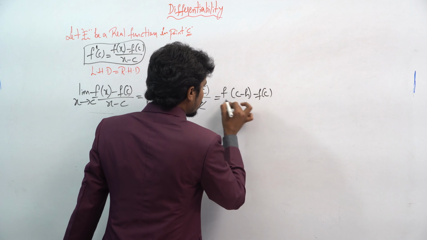Here also plus c and minus c get cancelled, so this becomes the limit h tends to 0 of f of c plus h minus f of c divided by plus h.